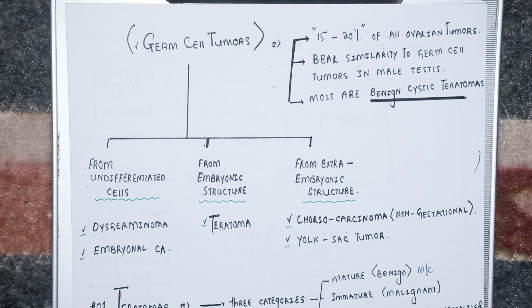If we talk about the incidence, the benign mature teratoma is high in young women during their active reproductive years. And this mature benign teratoma is occasionally associated with a paraneoplastic syndrome, that is inflammatory limbic encephalitis, which is a central nervous system disorder.